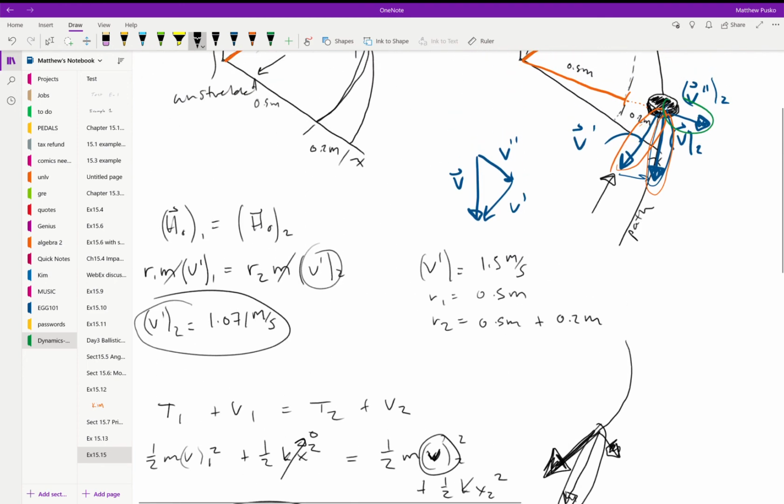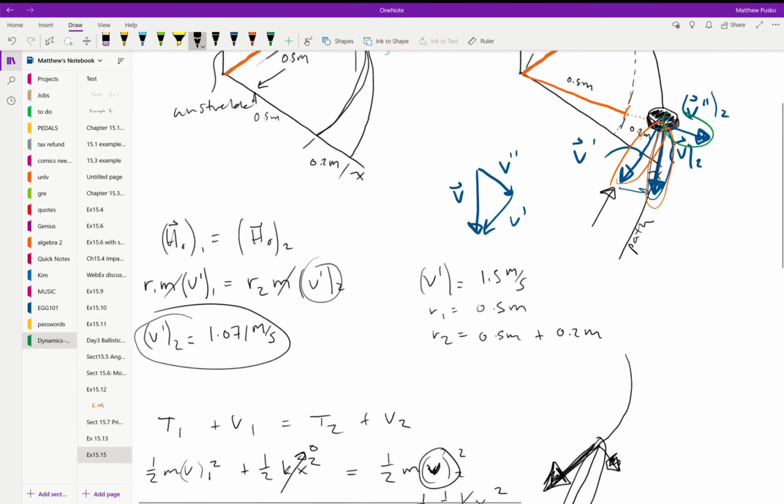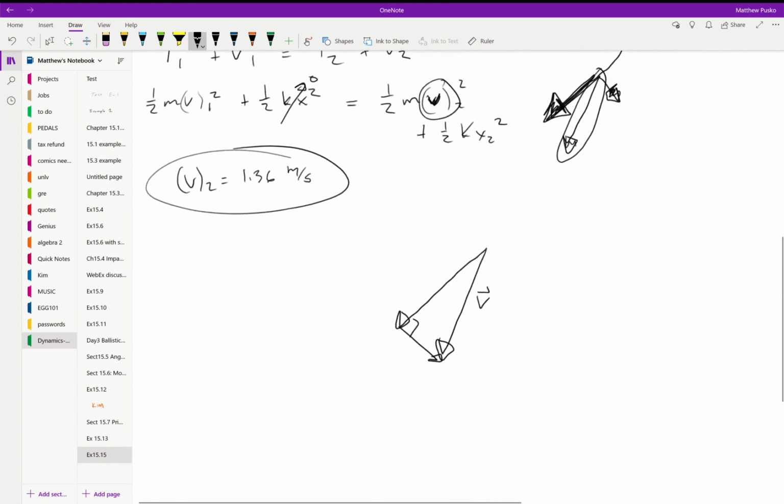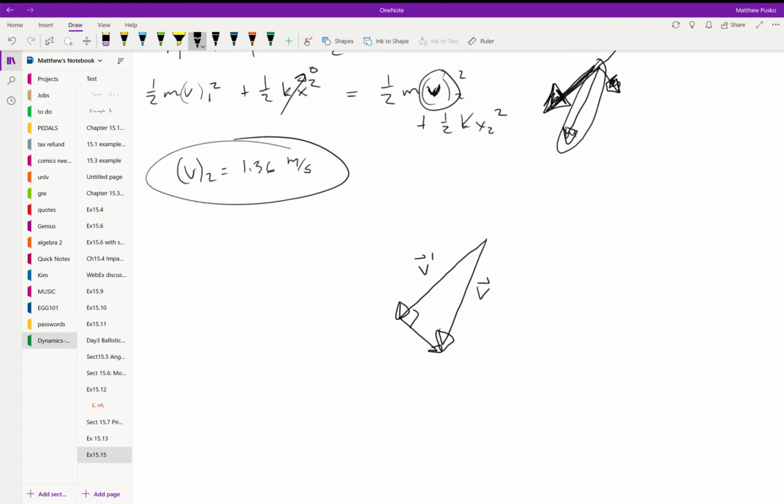We also had v prime and v double prime. Well, we know what those are now. We have the magnitude, that was the speed we just calculated. We figured out how much it was moving in the prime direction using the conservation of angular momentum.